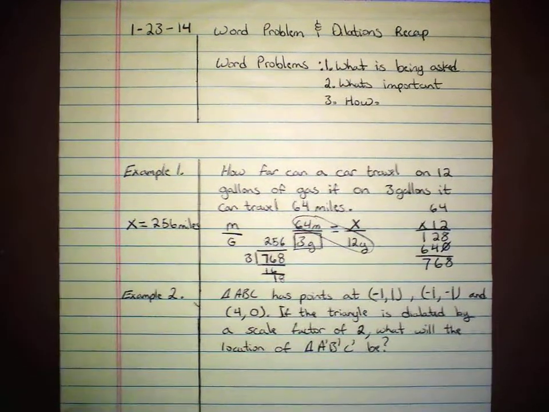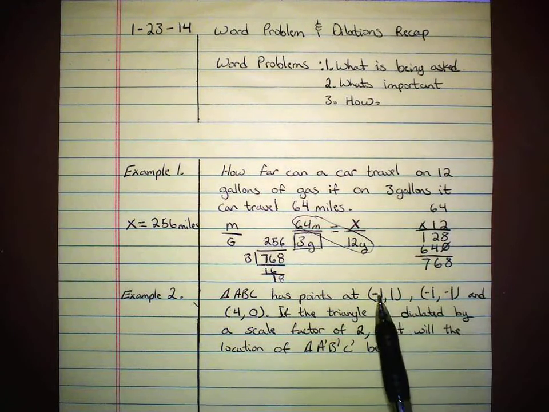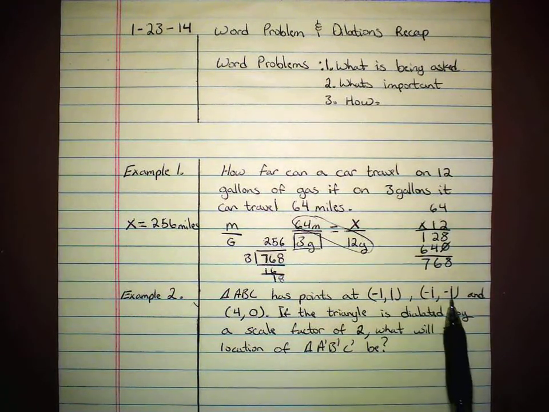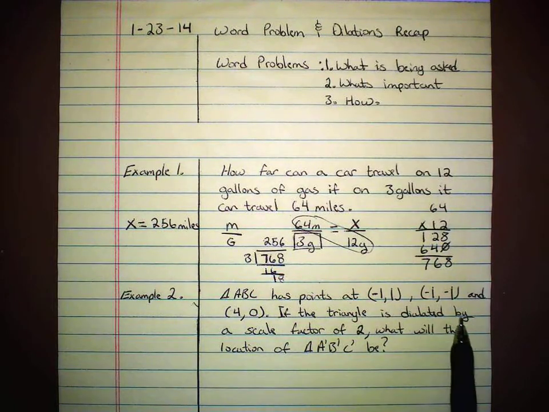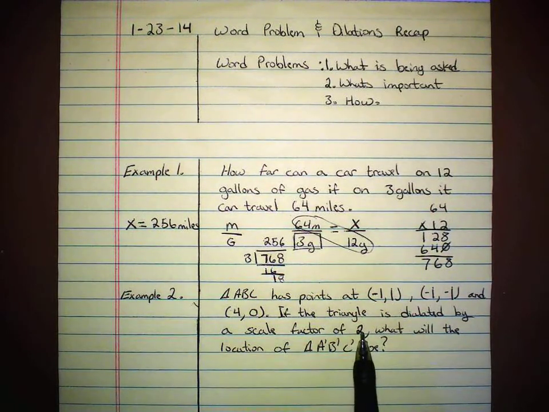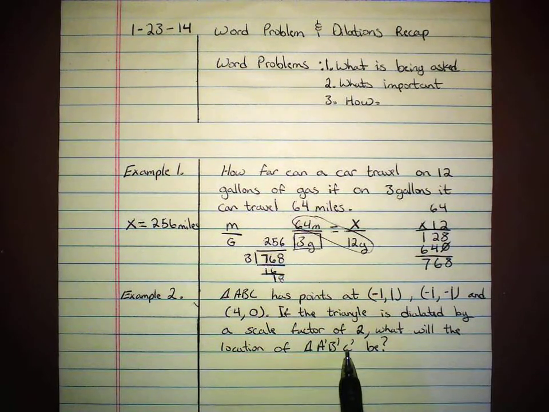Okay? So that kind of gets you back into the train of thinking for what we've got. Example number 2, if you need to, pause this before I talk on. Example number 2, we're talking about triangle ABC. It has points at -1, +1, -1, -1, and 4, 0. If the triangle is dilated by a scale factor of 2, what will be the location of A prime, B prime, C prime?